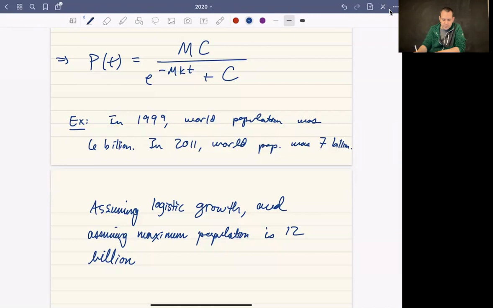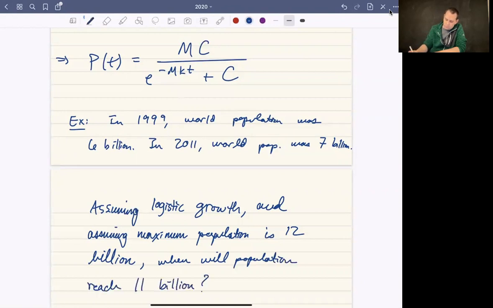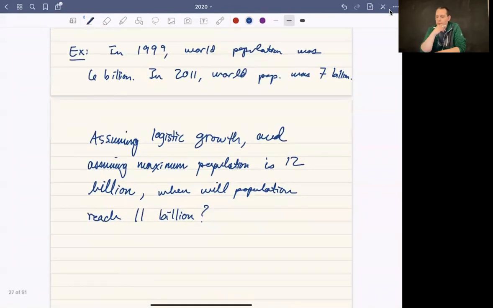What I want to know is, when will the population reach 11 billion? And we've already derived the formula, so we might as well just use it at this point.